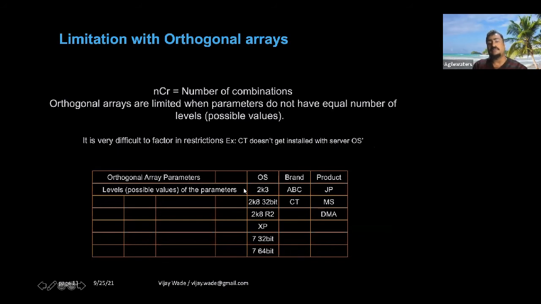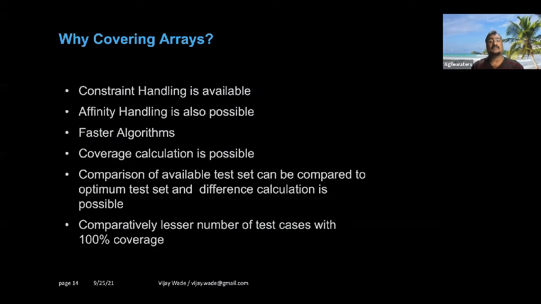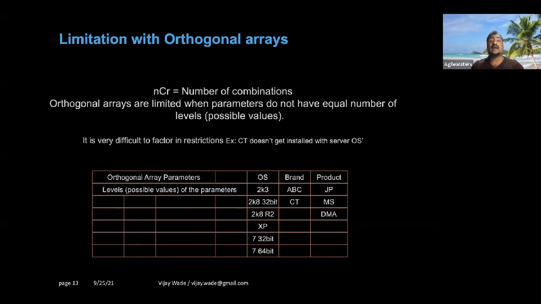If software is being tested on certain operating systems, such as Windows 2003, Windows 2008, 32-bit, XP, these are the systems that you need to test upon. If there is a brand of software or hardware, or different products that you need to test across, how many combinations would happen?